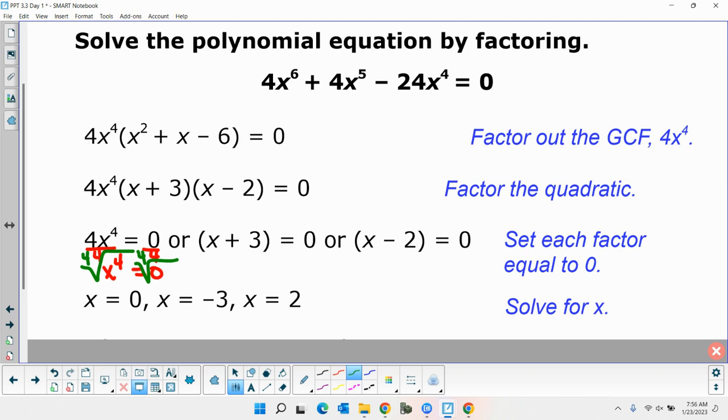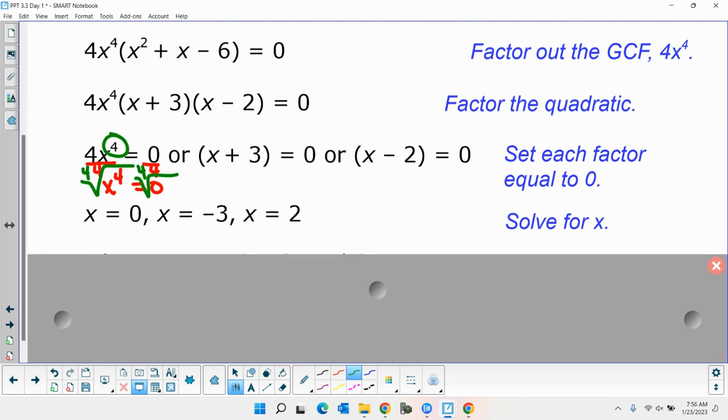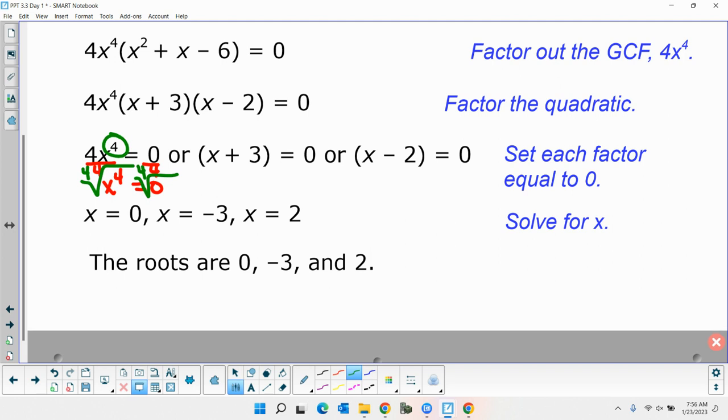All right, now, since this had a 4 here, we say it has a multiplicity. I usually just do this, but it means it works 4 times. We call that multiplicity.